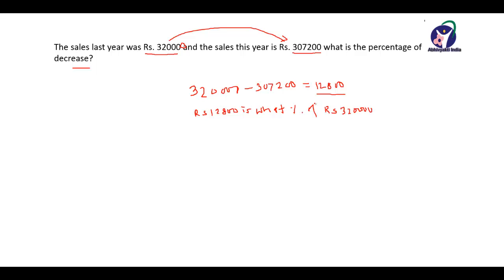Since of is followed by 3,20,000, the base will be 3,20,000. So in the denominator take 3,20,000 and in the numerator take 12,800.